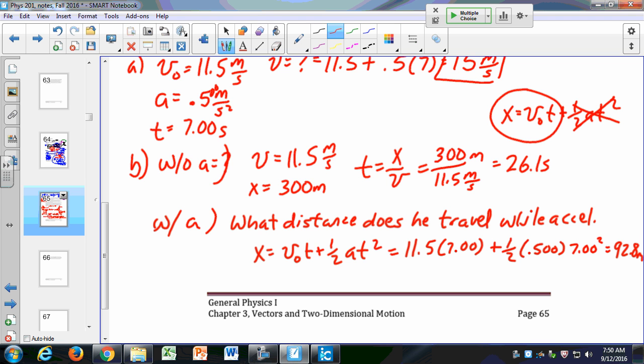So after he accelerates, he has 300 meters minus 92.8. That's what, 207.2? He has 207.2 meters left. And so now we want to know how long does it take him to travel that distance. So how long to travel this?